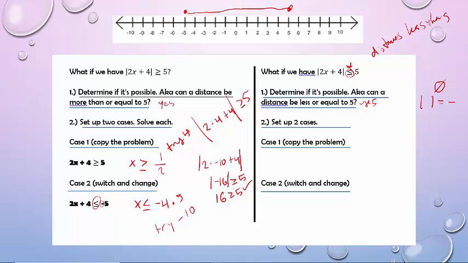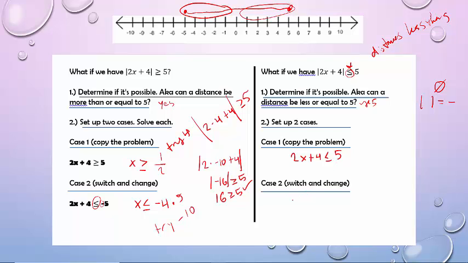So again, we need two cases because we need to cover the negatives and we need to cover the positives. So just like before, case 1, we're simply going to copy the problem, but we won't be using the absolute value bars.